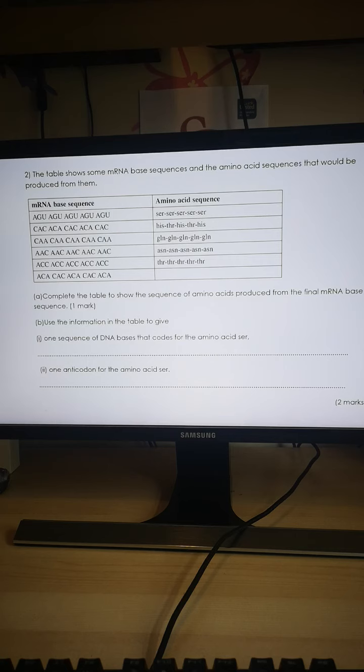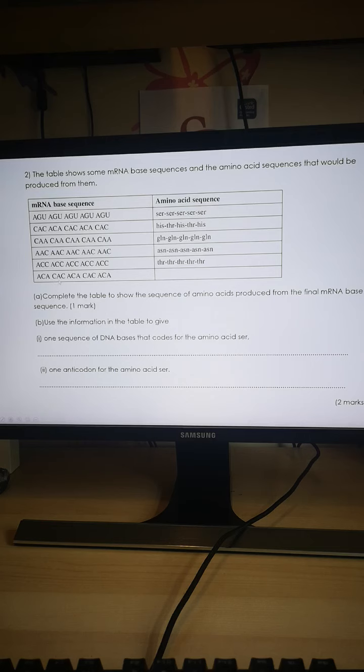Okay, 1 mark. For this one, you have to look for where that has been coded for somewhere else to decipher it. Having a look through, we can see this second one and that one have the same codon, so they're going to code for the same amino acid.